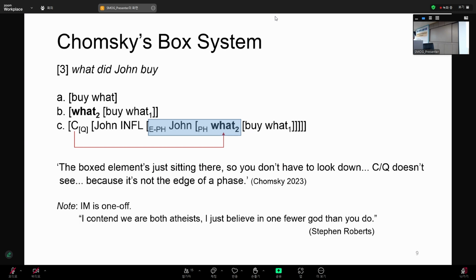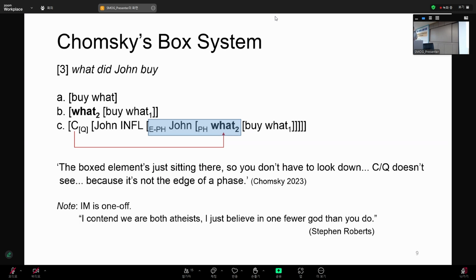And then now the problem is, how can we deal with the overt realization of what in the specifier position of CP? So Chomsky's solution is that CQ searches for what's in the phase edge. So for our case, John is not relevant here. So basically, what 2 is at the phase edge. So CQ can see what 2. So there's an agree going on between the two. Basically penetrating all of the intermediate elements.